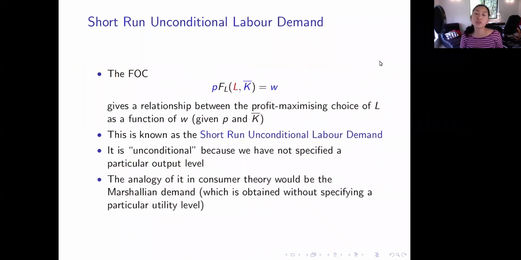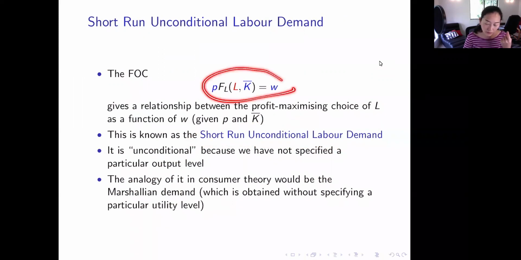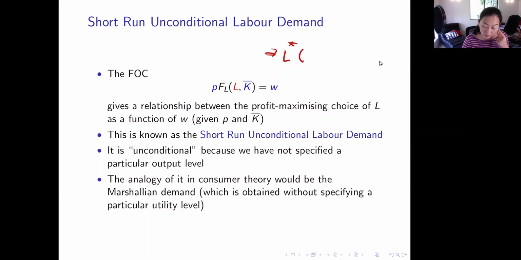The short run unconditional labor demand. So revisit the FOC. This gives the relationship between the profit maximizing choice of L as a function of W. This is also known as the short run unconditional labor demand. If you solve this equation, you will get L star as a function of P, W, and K bar.